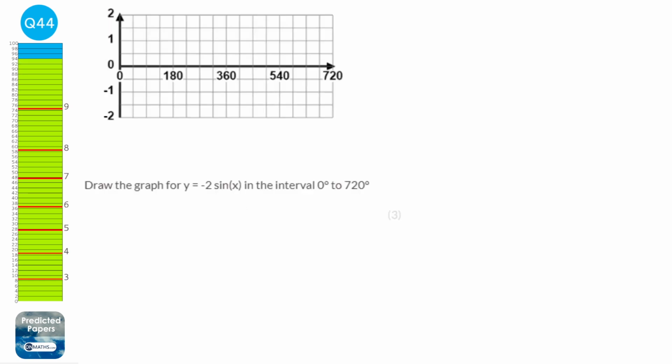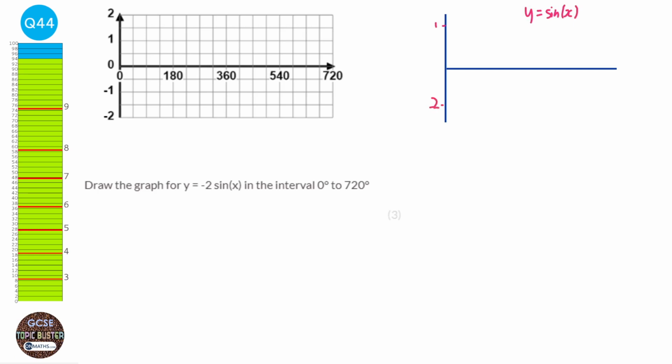It's always important with these questions to realise what the normal graph will look like before we have a look at what the new function will look like. So it's always good to remind yourself what a y equals sine x graph looks like, and it fluctuates between 1 and minus 1.